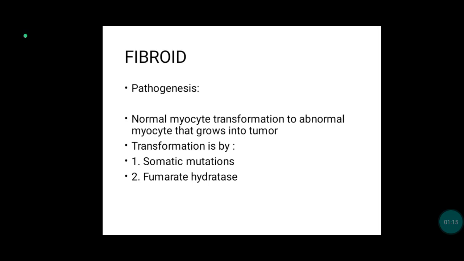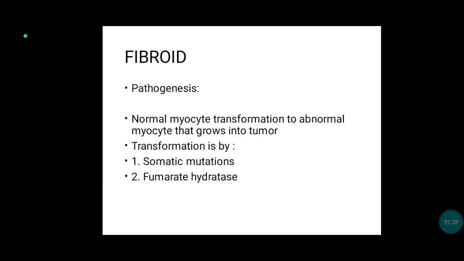The other factor that helps in transformation of normal to abnormal myocyte is fumarate hydratase, which is an inherited mutation that helps in formation of hereditary leiomyomatosis. So, if fumarate hydratase is involved, there will be upregulation of estrogen receptors, aromatase receptors, and progesterone receptors.